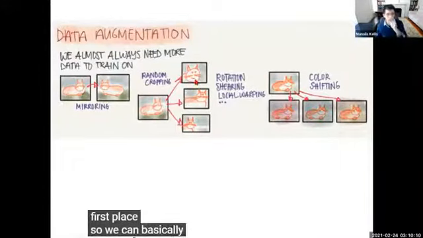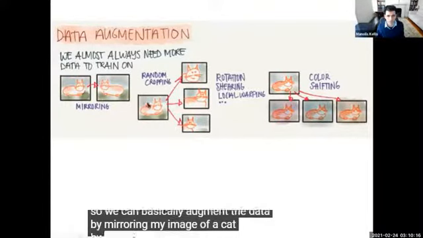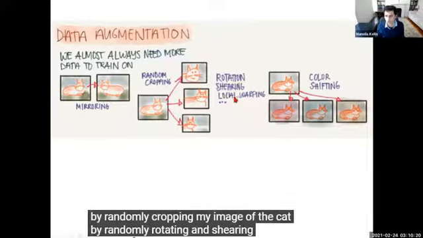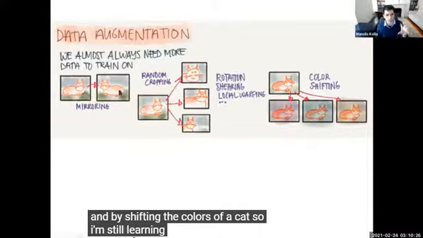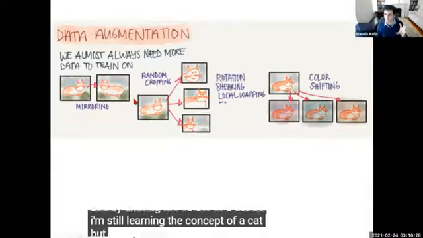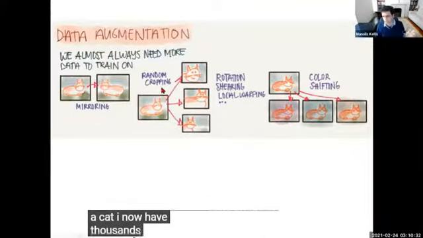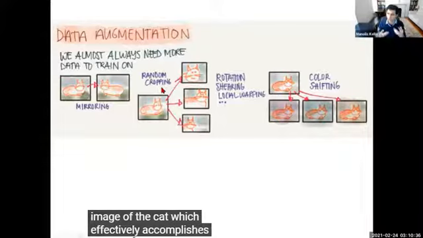We can basically augment the data by mirroring my image of a cat, by randomly cropping my image of the cat, by randomly rotating and shearing and warping, and by shifting the colors of a cat. So I'm still learning the concept of a cat, but instead of having just one image of a cat, I now have thousands of perturbations of that one image of the cat, which effectively accomplishes the same goal.